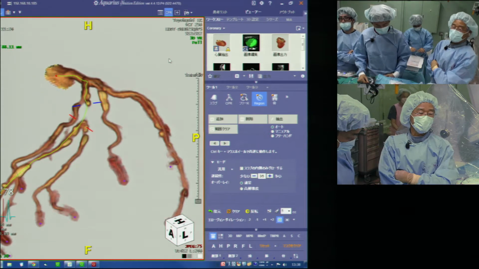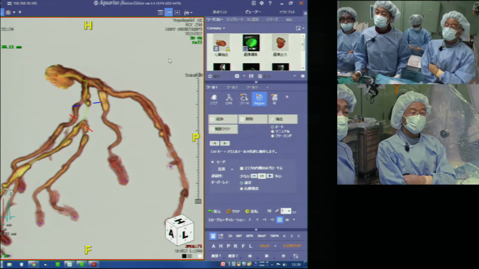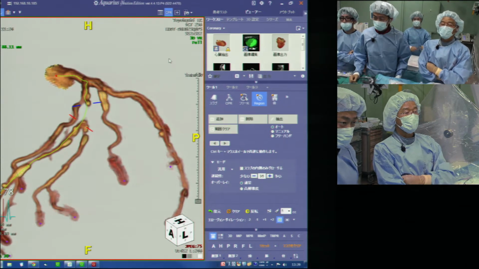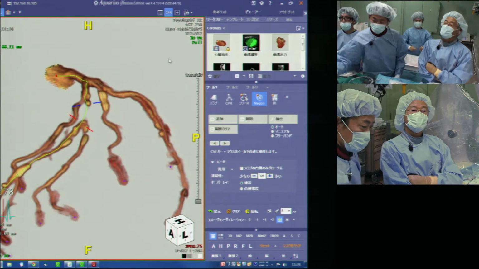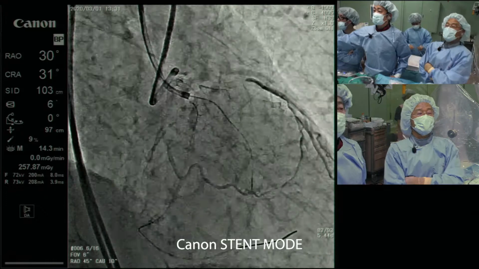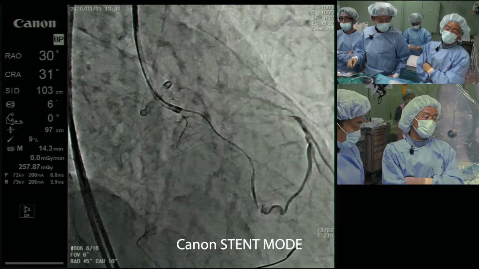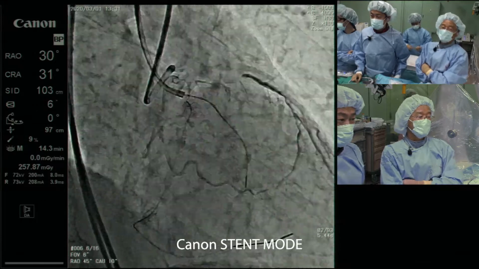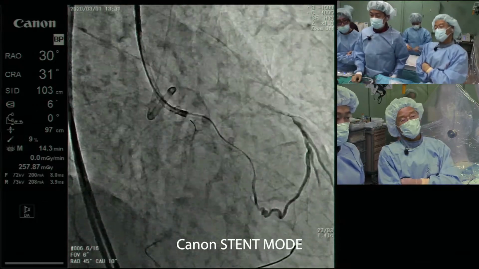First, we will try to enter the CTO entry, so I will show the IVUS image. We will pull back from the septal branch. This patient has a very unusual anatomy of the LAD, just like a double LAD.